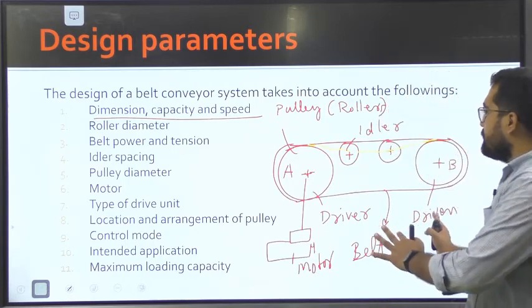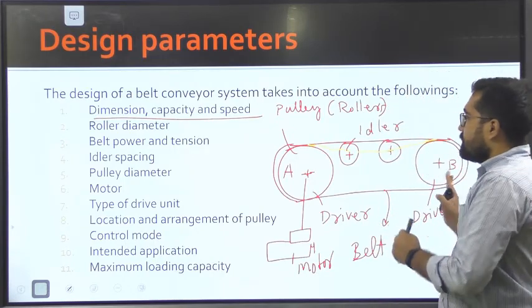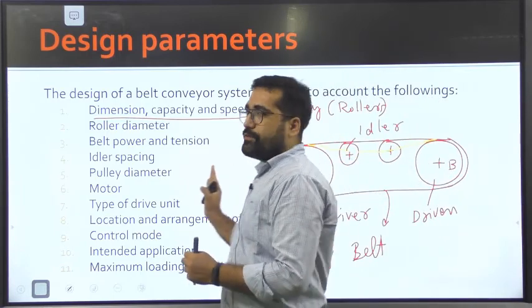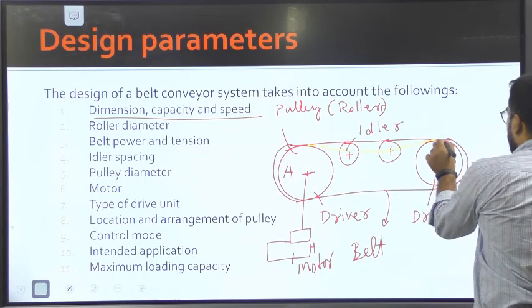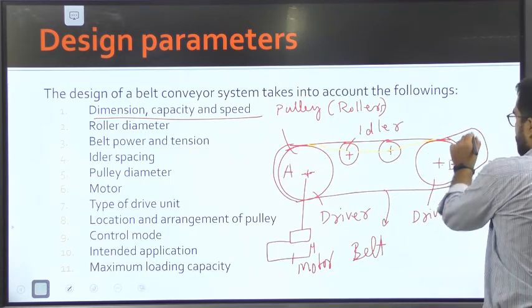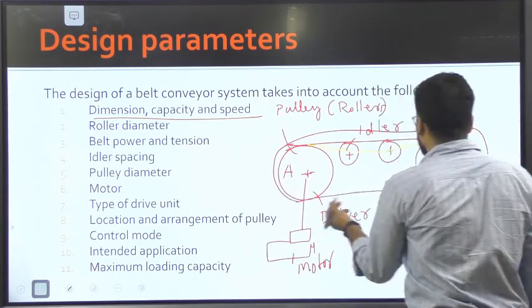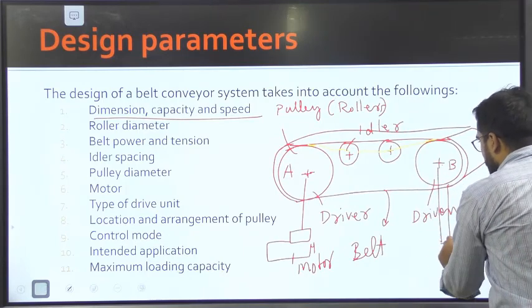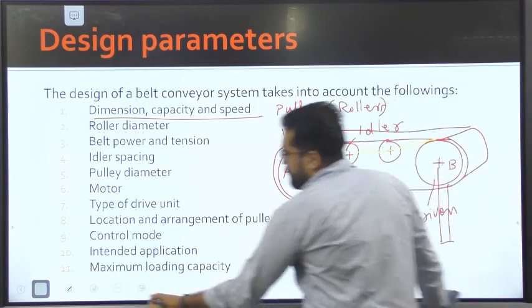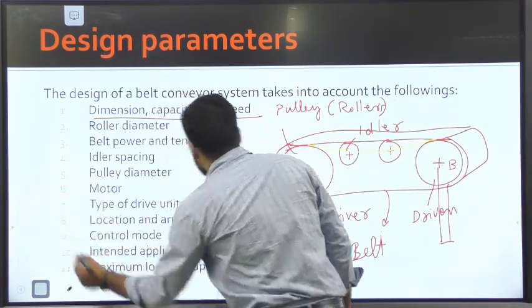So this is mostly how any belt conveyor looks, and it can stand on stands. I'll draw the framework in another color.